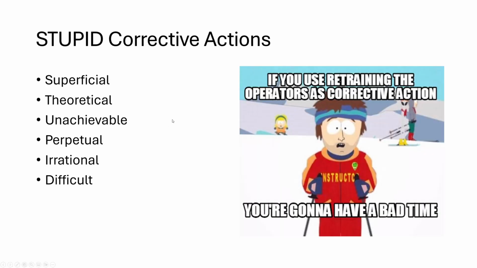Now, on the opposite side, we said we'd talk about it, right? Stupid corrective actions. They are superficial, theoretical, unachievable, perpetual, irrational, or difficult. And difficult does not mean complex. A lot of corrective actions are complex or complicated matters. Difficult is more a situation where you're prescribing a corrective action that is difficult to achieve.